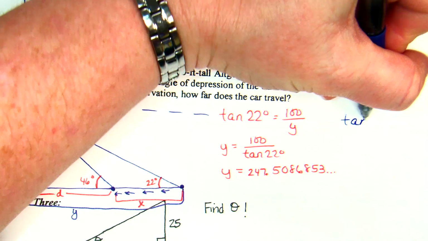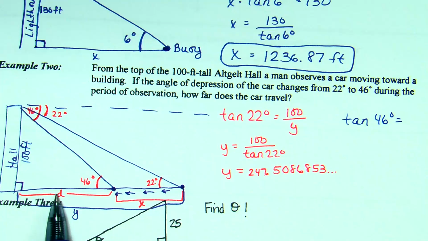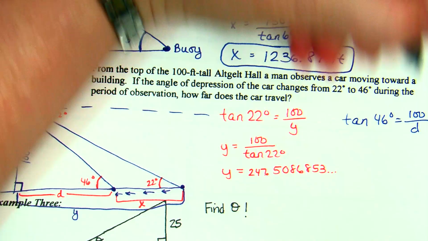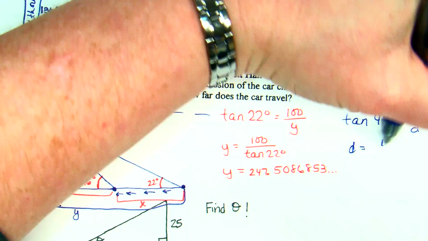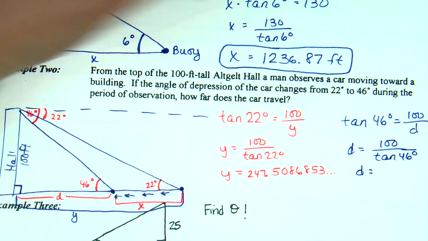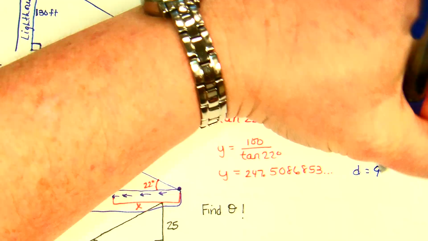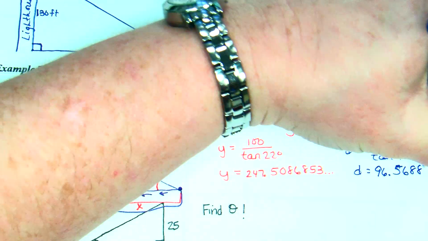So tangent of 46 degrees is opposite over adjacent, 100 over D. So D is going to be 100 divided by tangent of 46 degrees. 100 divided by tangent 46. 96.56, so on and so forth. 96.56888748.